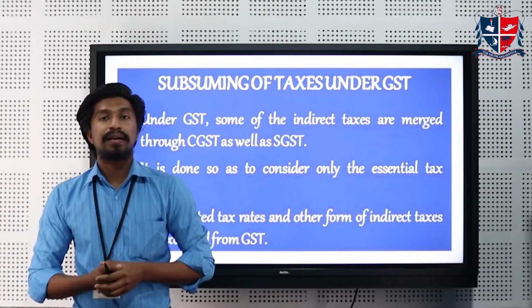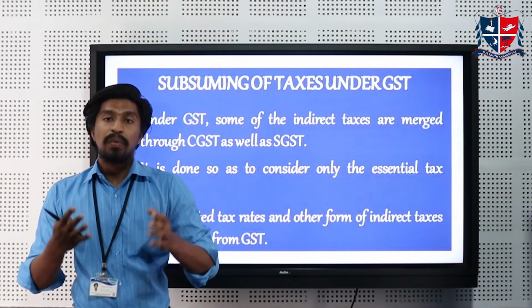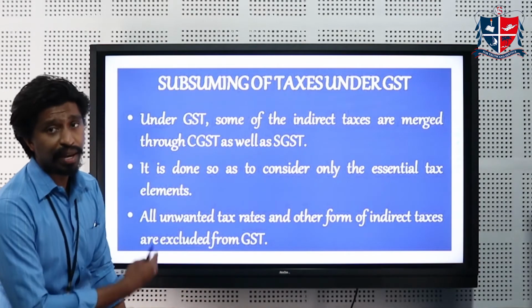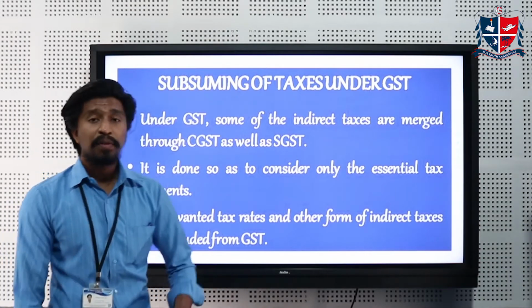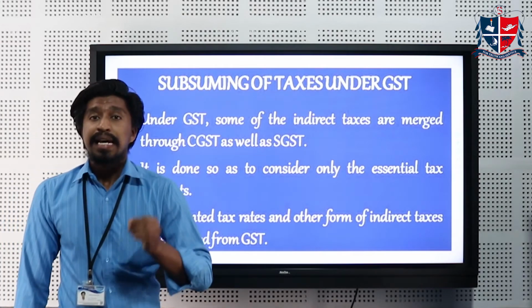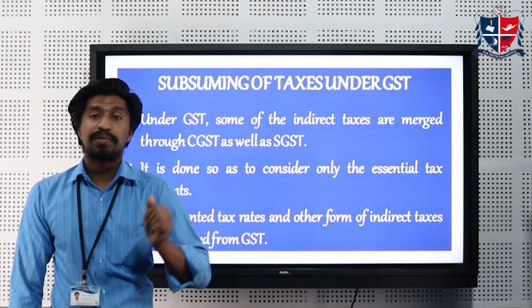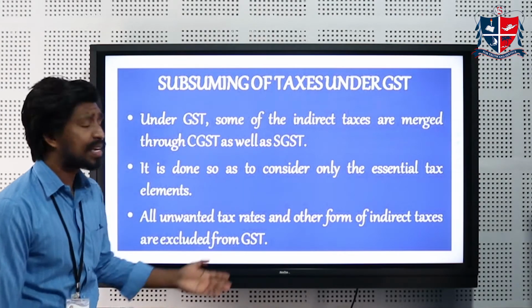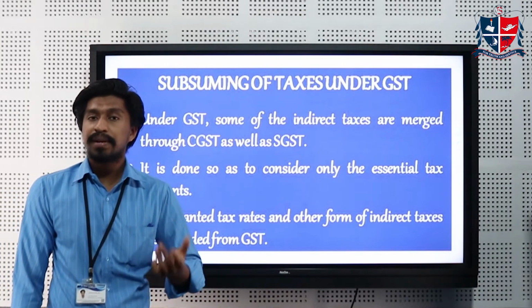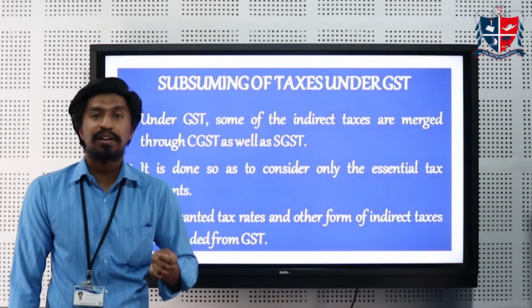As a result of it, various taxes were subsumed under GST. As you can see here, under GST, some of the indirect taxes are merged. Moreover, it is merged through CGST as well as SGST. And it is done so as to consider the essential tax elements only, because when more and more tax elements are added, it increases the burden of the taxpayer.